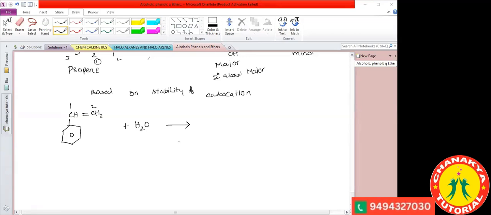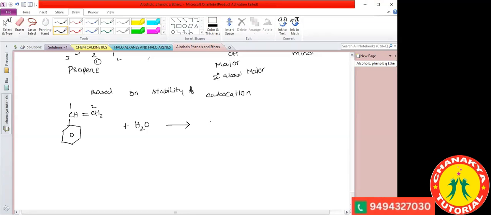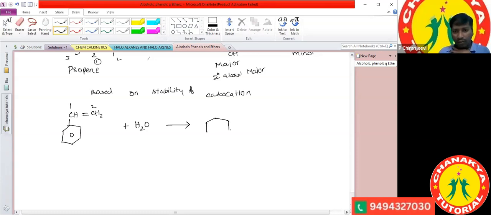Sir, the first carbon atom, Ritu. Very good, Ritu. So why is it attached to the first carbon atom only? Why not to the second carbon atom? Less number of hydrogens. Very good, it also follows the Markovnikov rule.